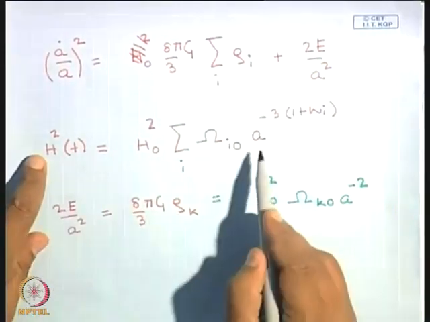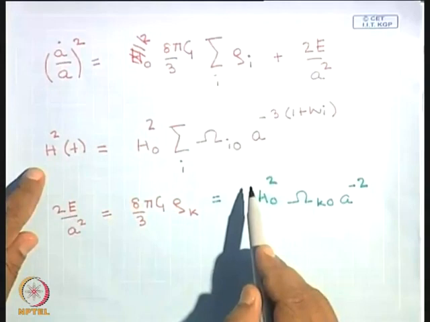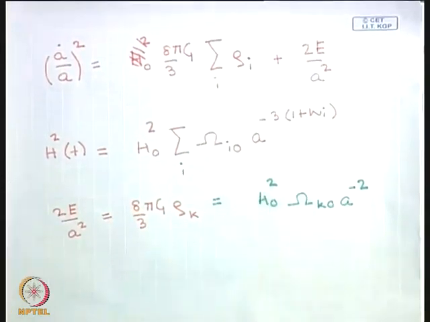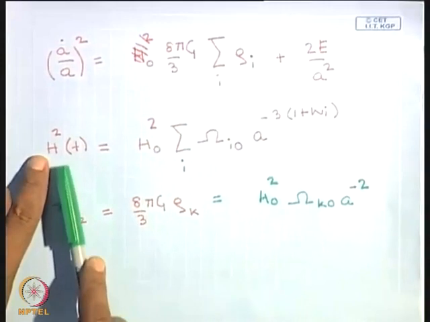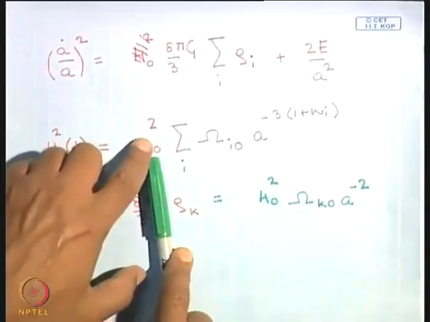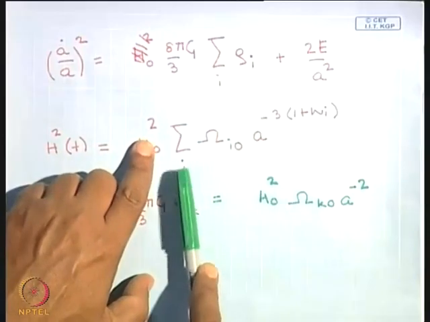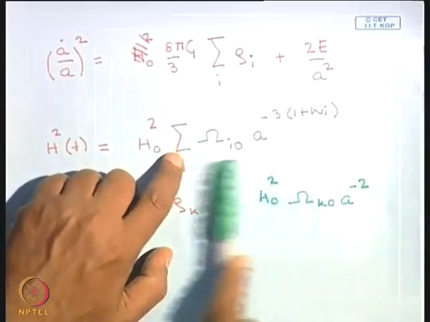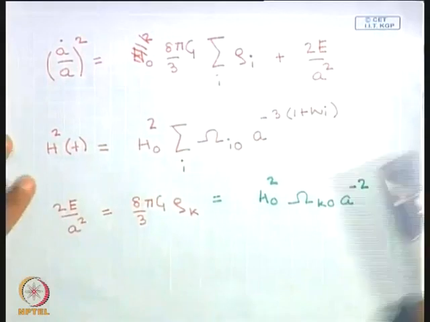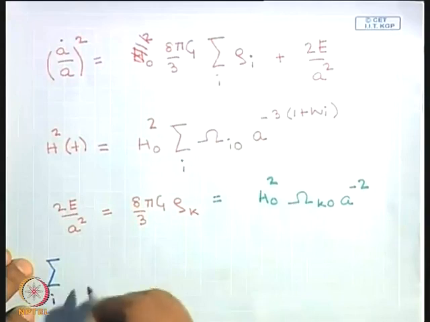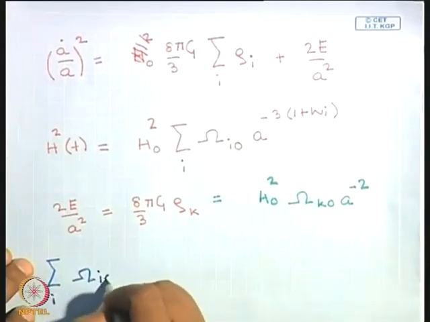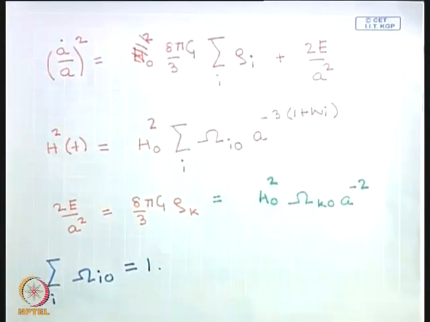With this, now this is the entire equation, the first integral of the equation that governs the dynamics. Now if you take this equation and look at it at present, you are led to the relation that H naught square is equal to H naught square into this, which essentially tells us that at present this term must be 1. So the sum of all the different omega i naught should be equal to 1.